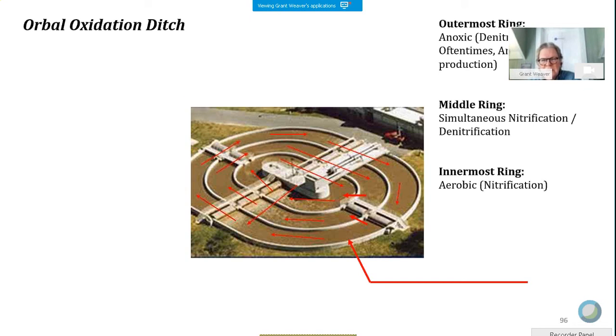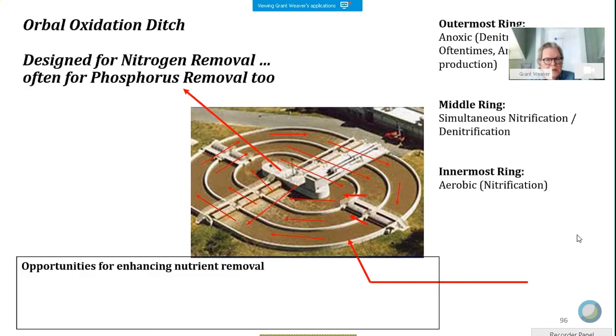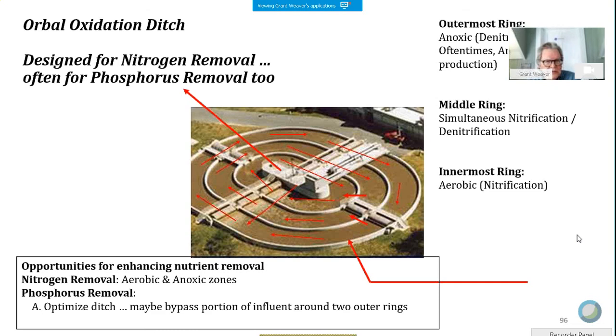So that arrow, if it was designed for phosphorus removal, it would not pump to that zone. So you want to measure and monitor what's going on in those zones, those aerobic and anoxic zones.